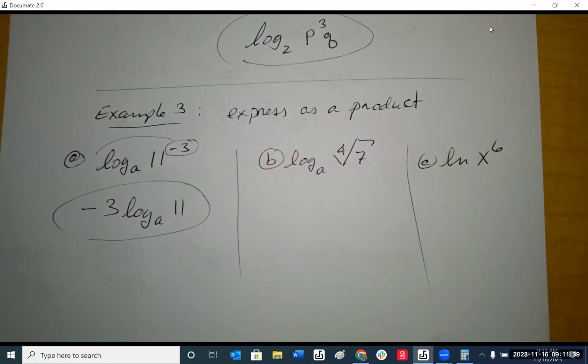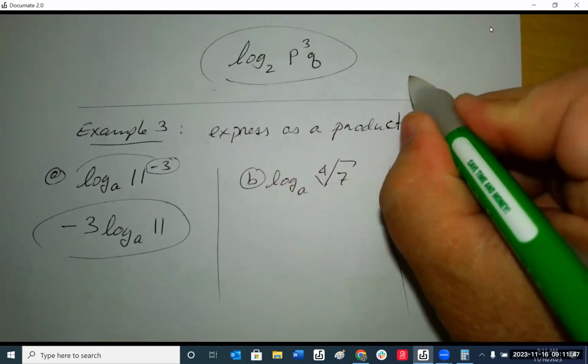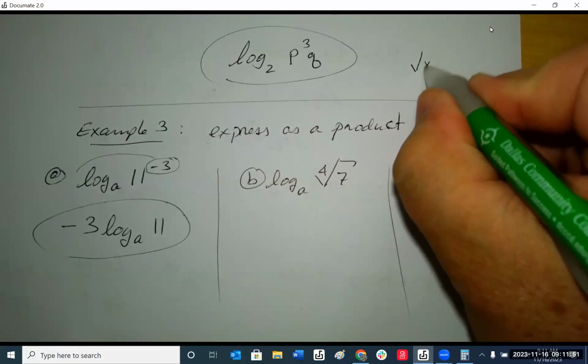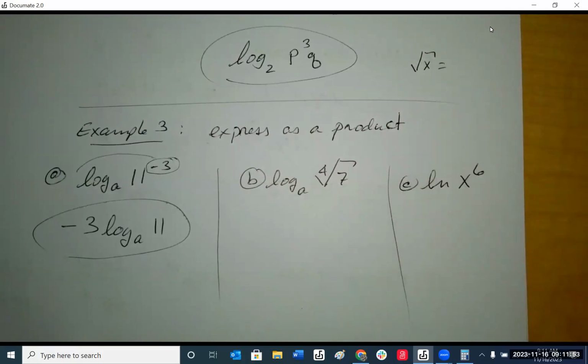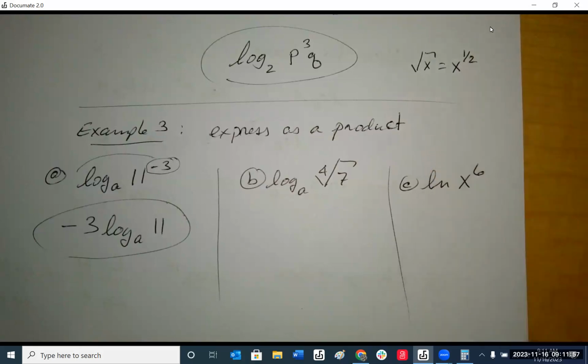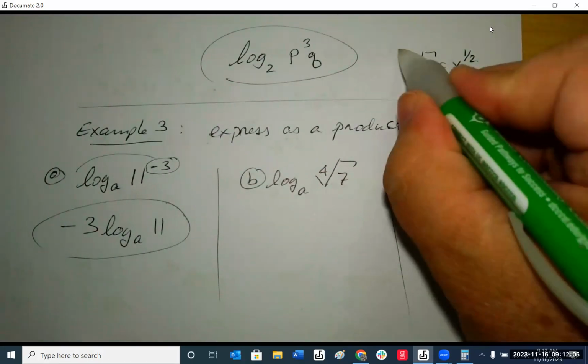For the next one, we have to go back to our rules of exponents. If you have, for example, the square root of x, it can be rewritten as x to the power 1/2. Because this is a square root, there's an invisible 2. This is called the root.